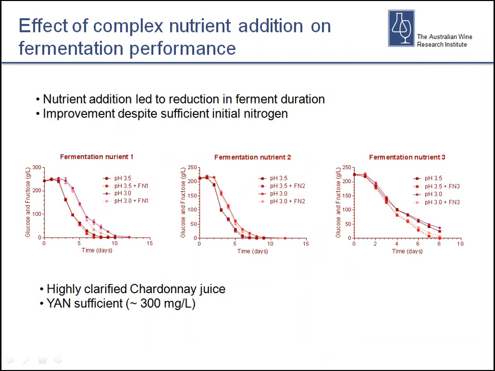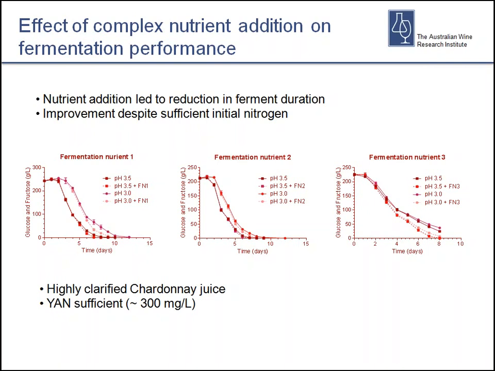So the dotted lines in this case in all the graphs were ferments treated with fermentation nutrients. The non-dotted lines were untreated, just regular ferments. For all ferments, we've seen fermentation performance improvements with the addition of these types of nutrients.